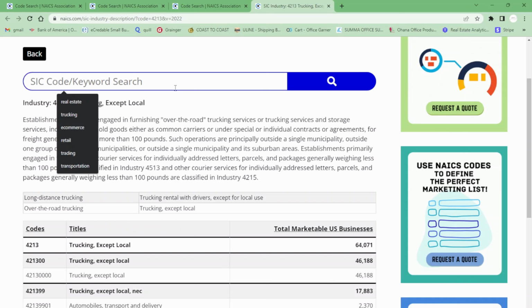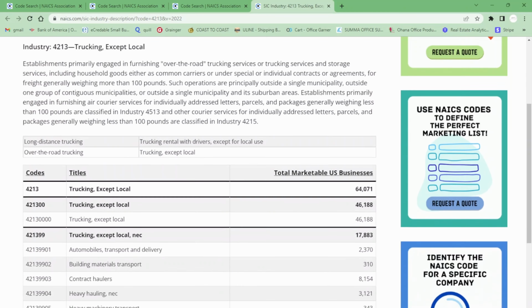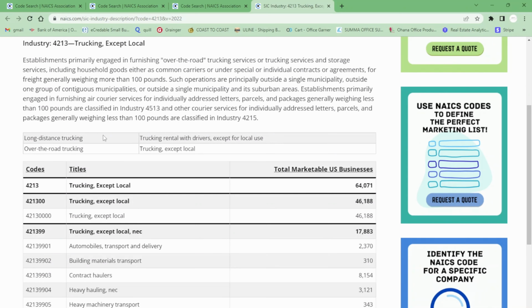Now, if you're not really sure what you want to do, that's when you go into detail and look through some of these codes, because sometimes looking through them will give you other business ideas. You're like, dang, I'm already in this industry, I should do that with this. You know what I'm saying?